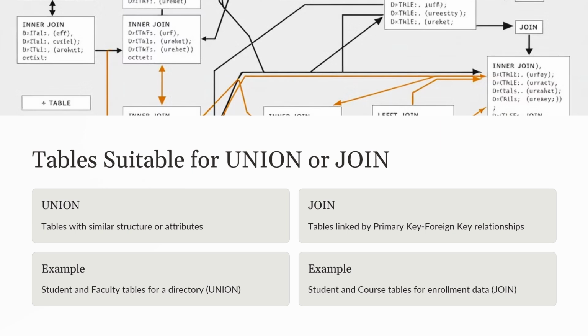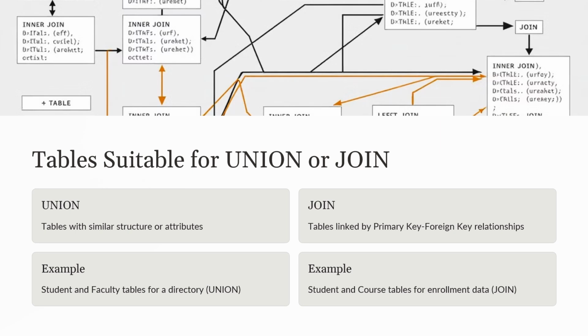In this way, you just select name, email from the student table, and then union, select name, email from the faculty table. You have to make sure that you have exactly the same column names and column types from the two tables, and then union them together. Only if you want to keep the duplicates do you use union all instead of union.